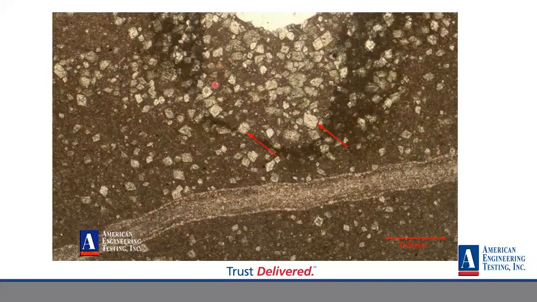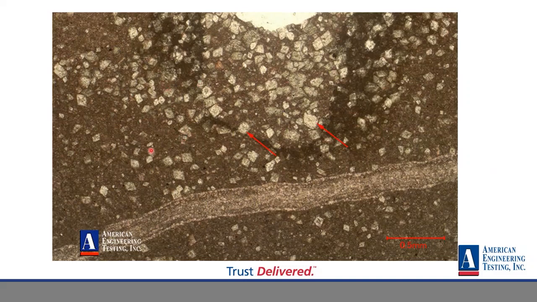All right, so this next slide is alkali-carbonate reactivity. Alkali-carbonate reactivity is a little less known. It's less common than ASR, and it's much less understood compared to alkali-silica reactivity.